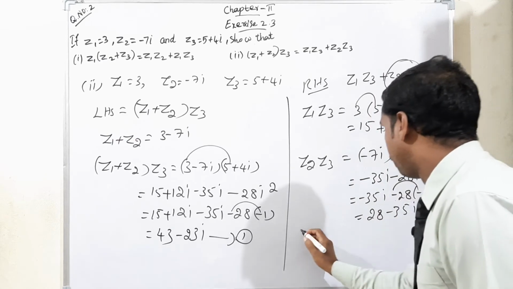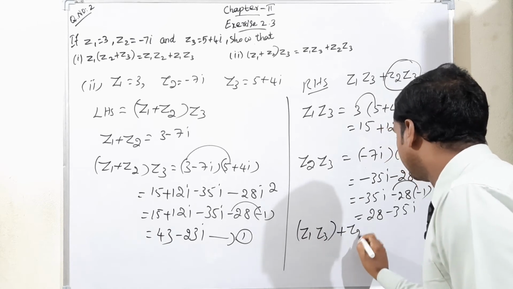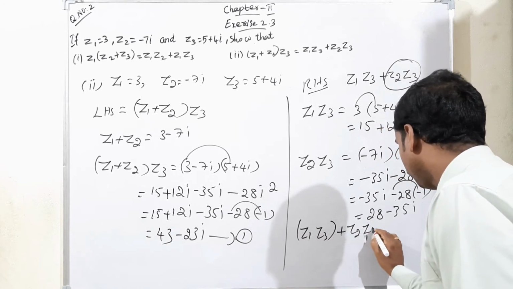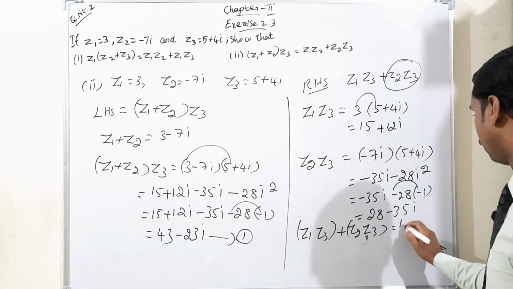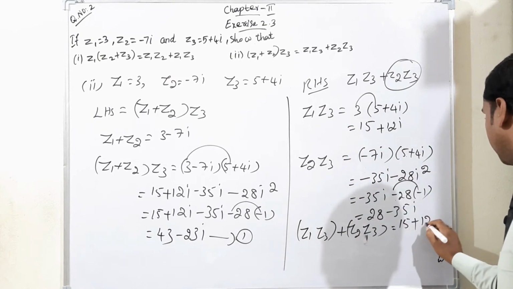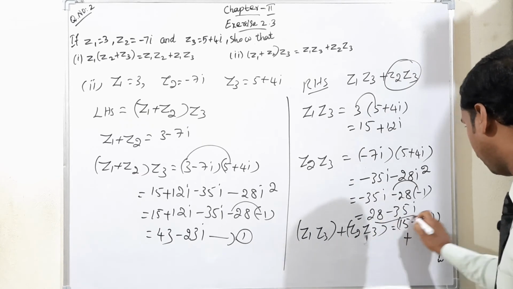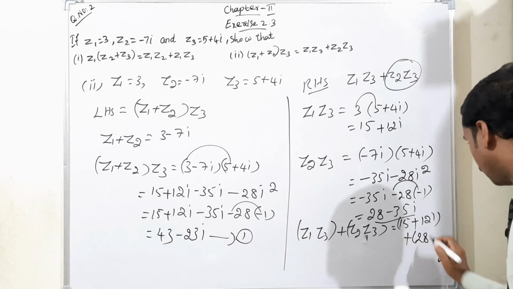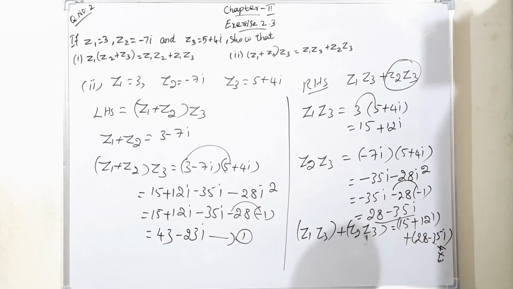Add it means what will happen? So Z1 into Z3 plus Z2 into Z3 is equal to Z1 into Z3, what is the value? 15 plus 12i, plus Z2 into Z3, what is the value? 28 minus 35i.